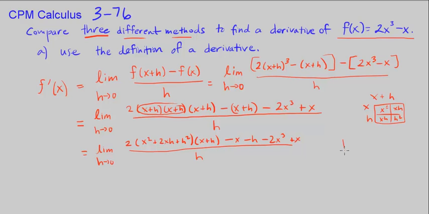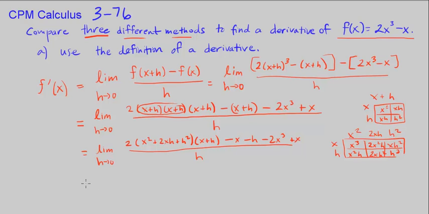So we have, let's use the box method again. Okay, so we have x plus h times x squared plus 2xh plus h squared. So x times x squared is x cubed, 2x squared h, x squared. Here we have x squared h, 2xh squared, and h cubed.